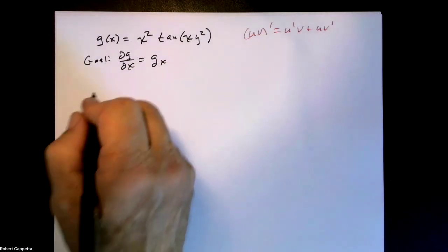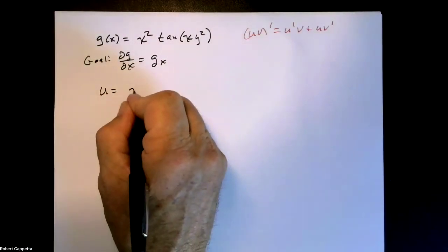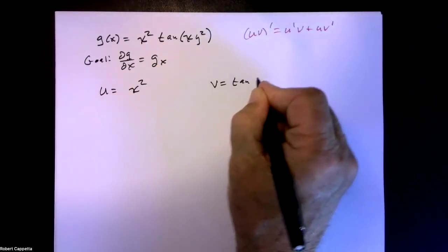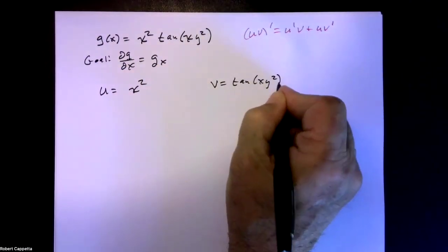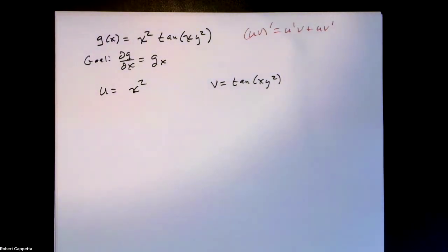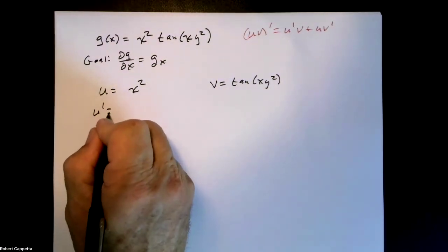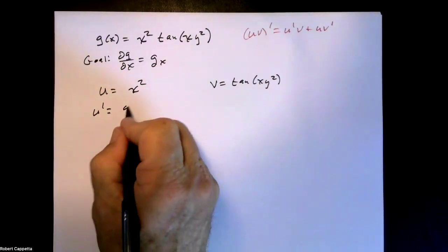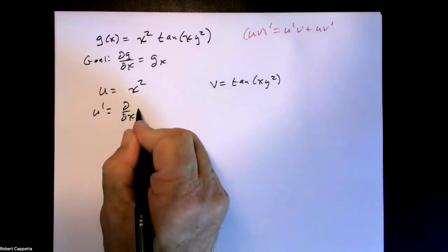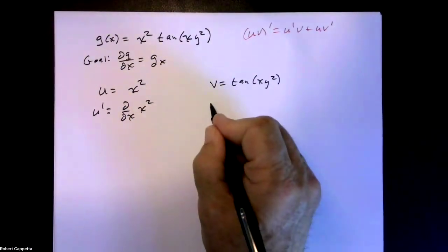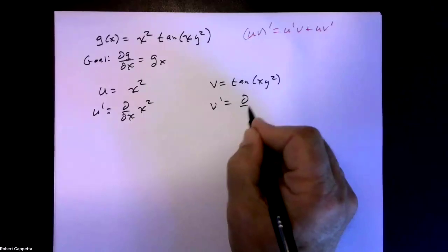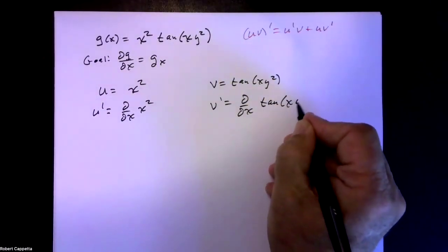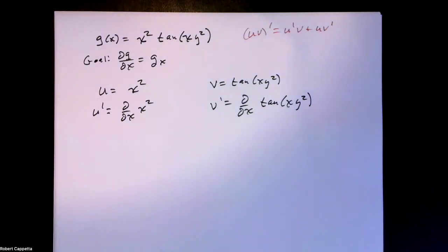So I'm going to define a u and a v. u is x squared, v is the tangent of xy squared. What I typically call u prime, this time is the partial with respect to x, since we're taking with respect to x here. The partial with respect to x of x squared. And v prime will be the partial with respect to x of the tangent of xy squared.